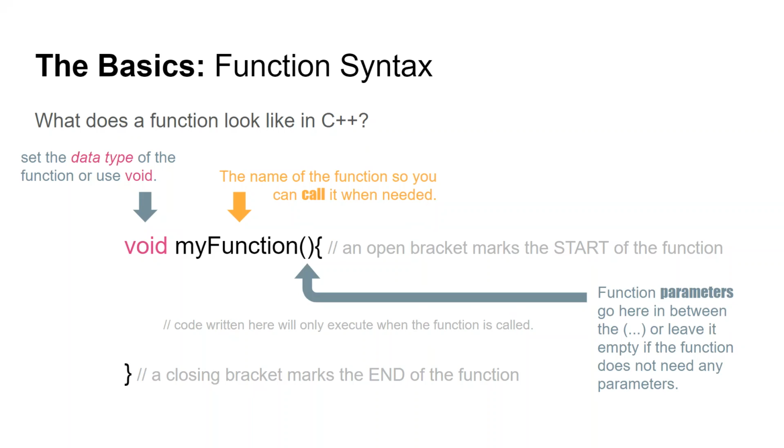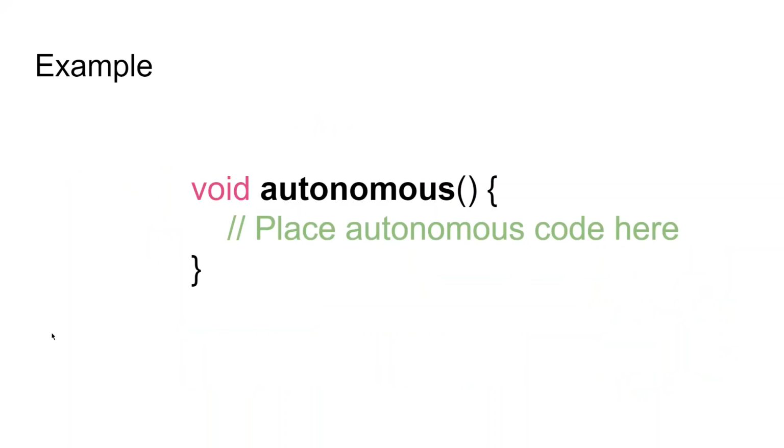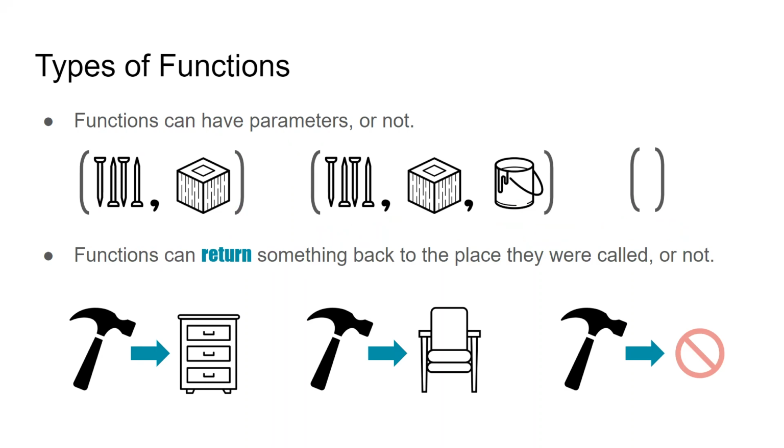Then, of course, you have an open and closed bracket to indicate where the code for that function goes. Anything inside of these brackets is only executed when the function is called. If you look at something like autonomous, this is a very simple example. It doesn't return anything, it has no parameters, it just has its name, and inside you put your autonomous code. Straightforward, it is a function.